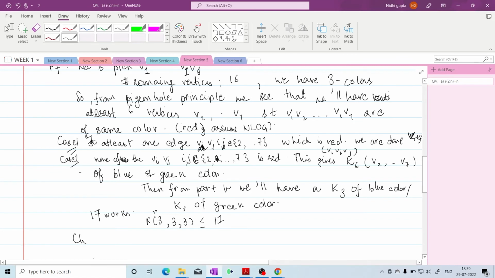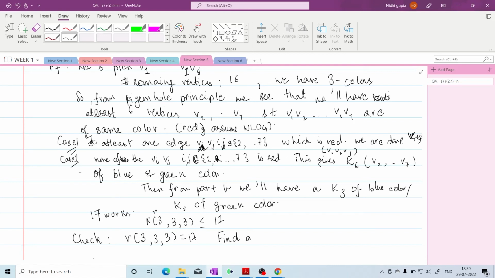You can check, it is actually 17. That is, find a 3-coloring of K16 with no triangle of the same color.